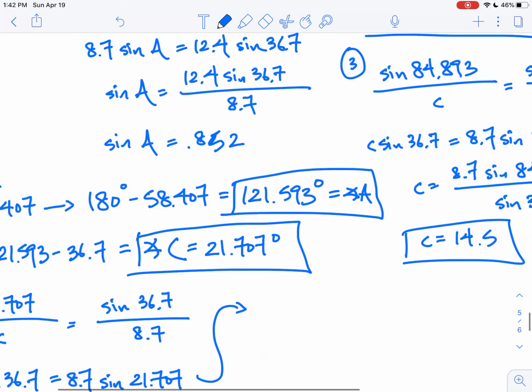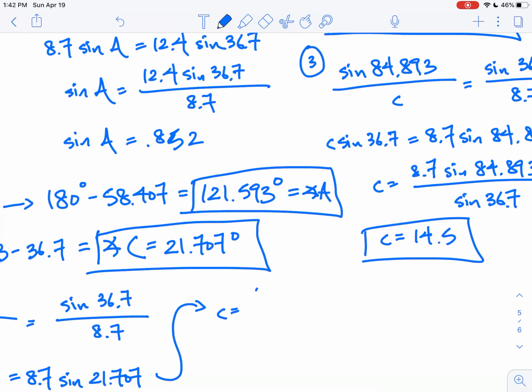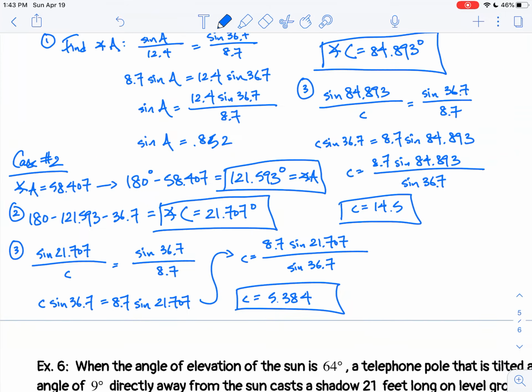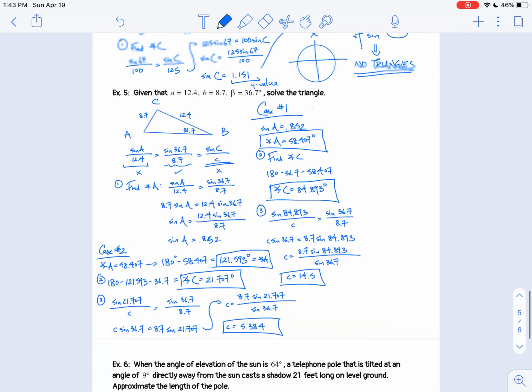I'm going to divide, so I get c equals 8.7 sine 21.707 divided by sine of 36.7, and that will give me a decimal of 5.384.